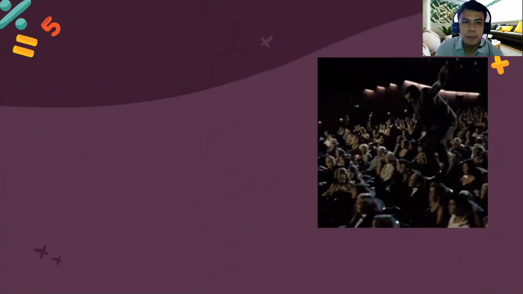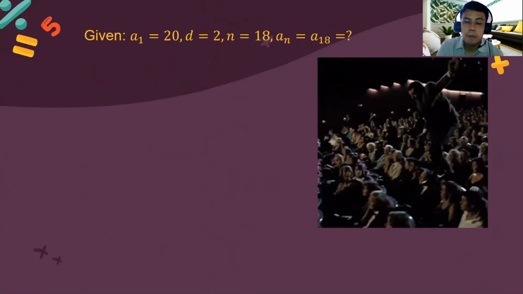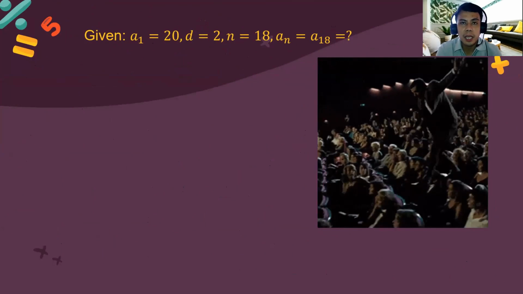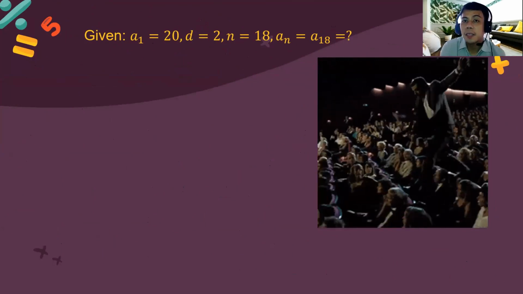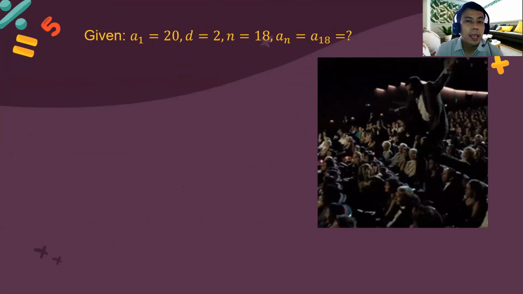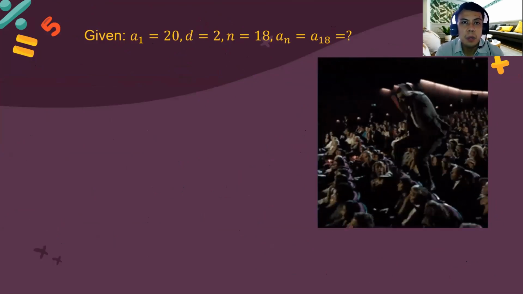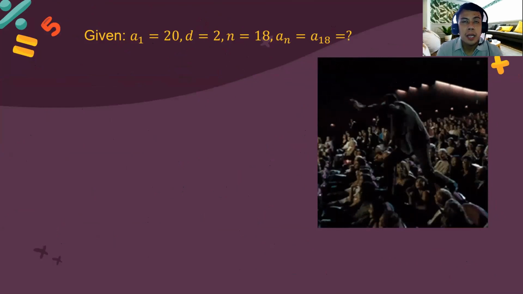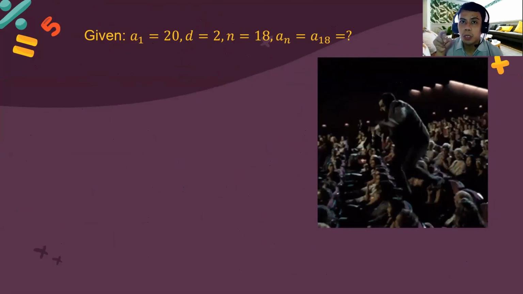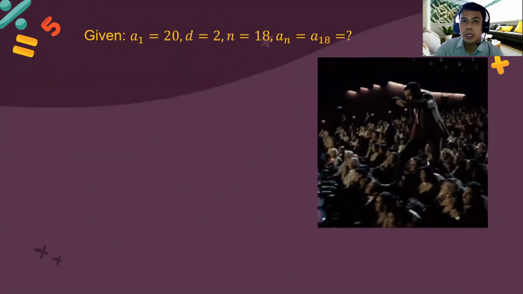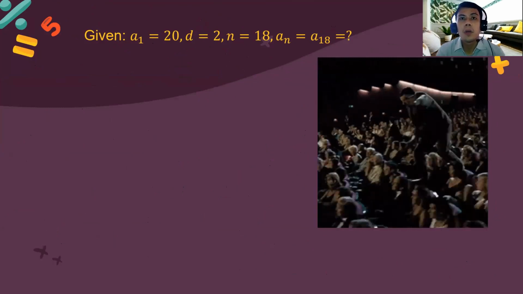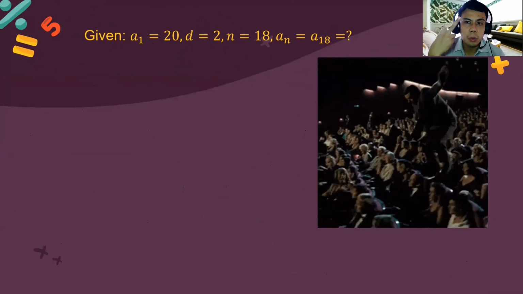So let's identify the given. Since the first row of the theater has 20 seats, therefore a sub 1 is equal to 20. The next successive row contains 2 more seats than the previous row. Therefore, the second row has 22 seats, the third row has 24 seats, and so on. Therefore, the common difference is 2.